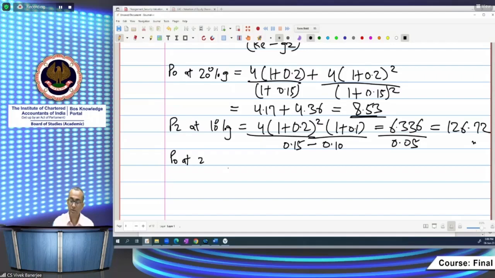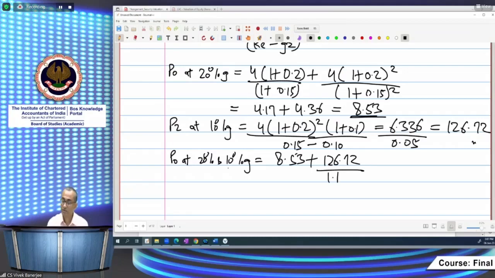So P0 at 20% and 10% growth rates is 8.53 plus 126.72, which is P2, divided by (1 plus KE 0.15) square, that is 8.53 plus 95.82.